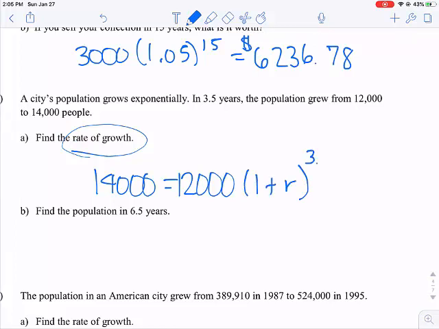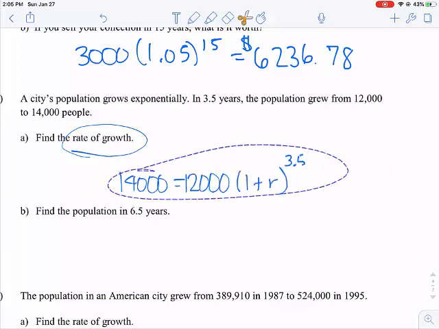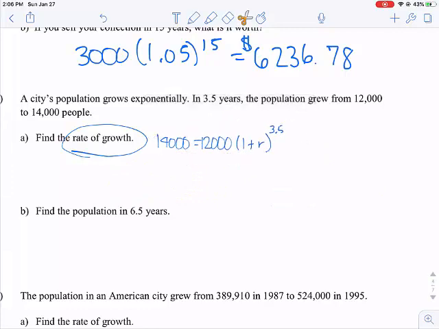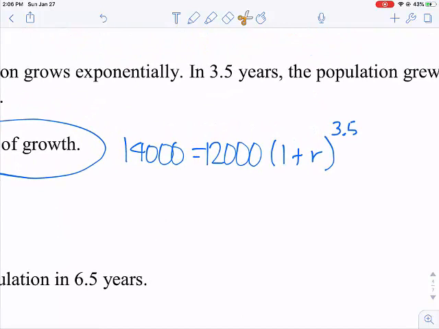So we have to work backwards to figure out the rate. So to do that, I'm going to start by dividing by 12,000 because that's going to help me get the base all by itself. So if I divide by 12,000, I get 14 over 12 equals (1 plus r) to the 3.5 power.